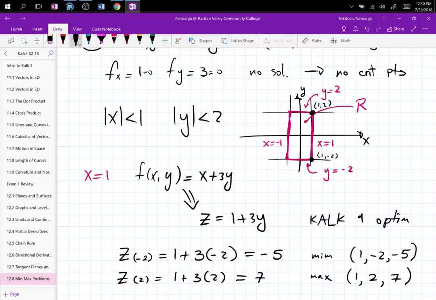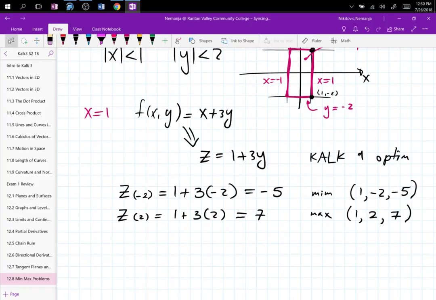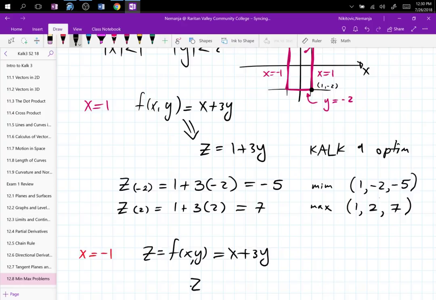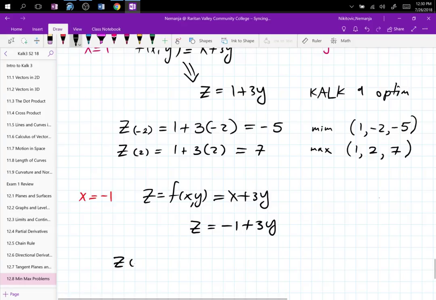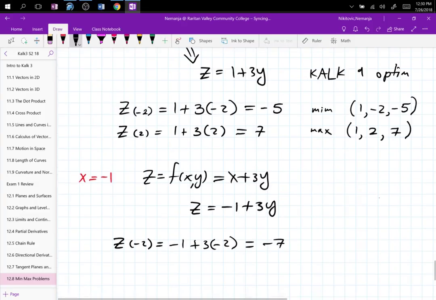We are done with x equals 1. Let's go. X equals -1. Your function z equals f of x,y equals x plus 3y becomes z equals -1 plus 3y. Again, compute z at -2. Z at -2 would be -1 plus 3 times -2, for a total of -7.